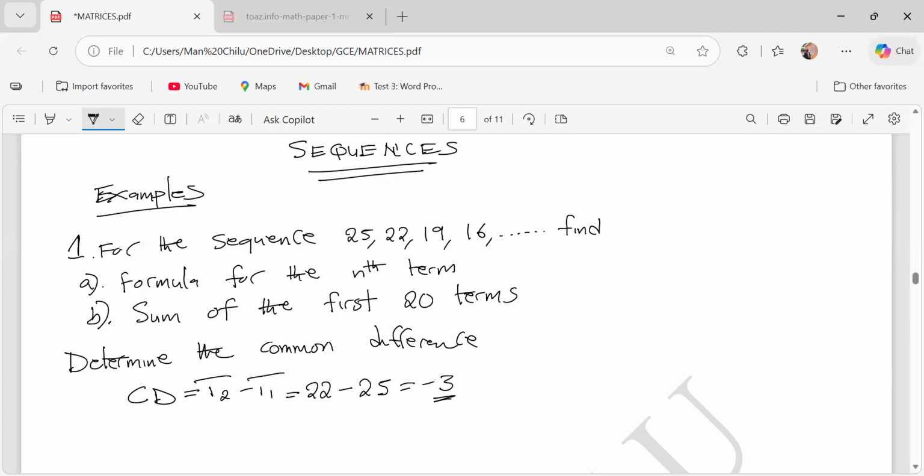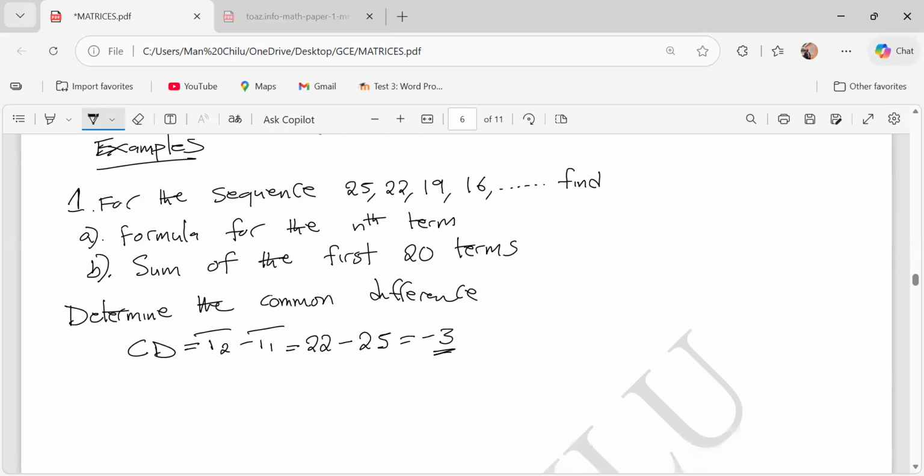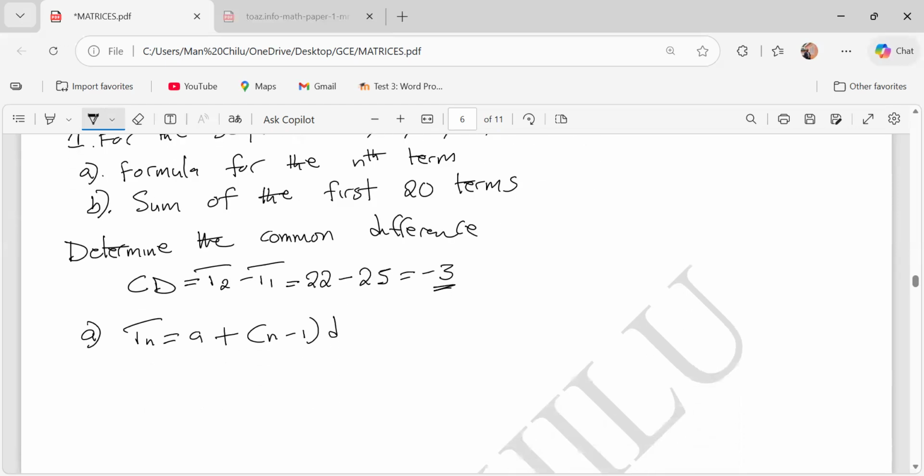So now, the first question says, find the formula for the nth term. The formula for the nth term, Tn, is equal to a plus n minus 1 multiplied by the difference.